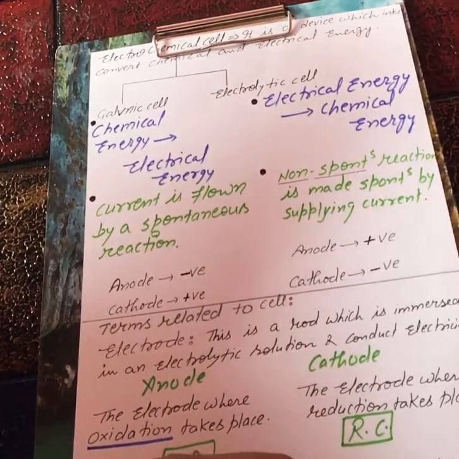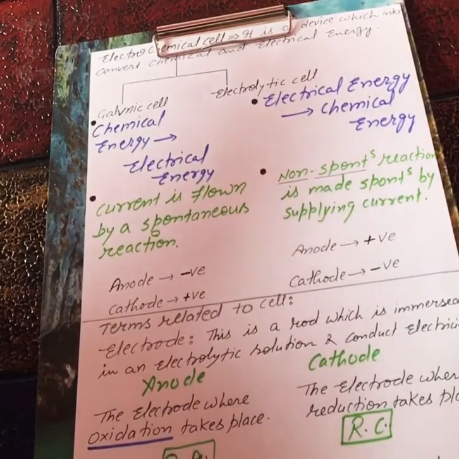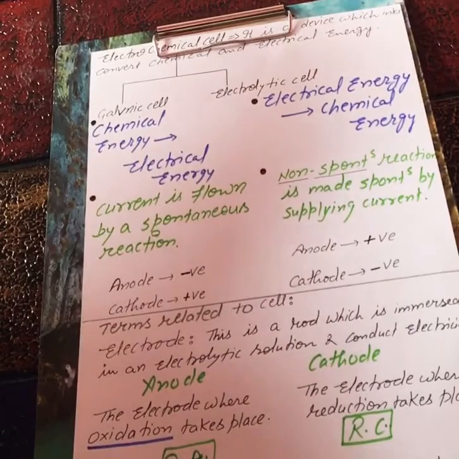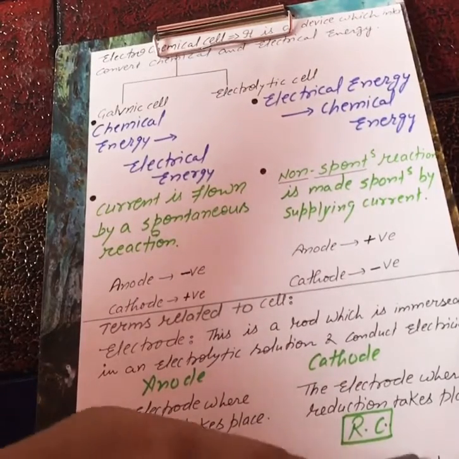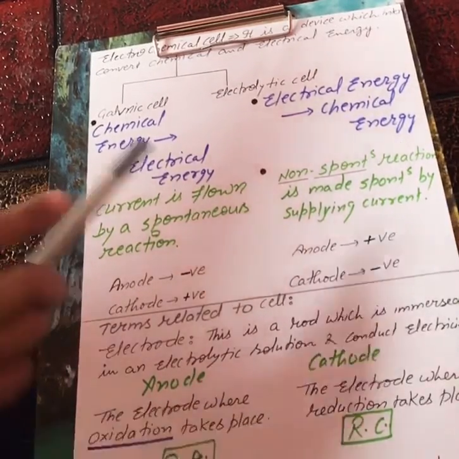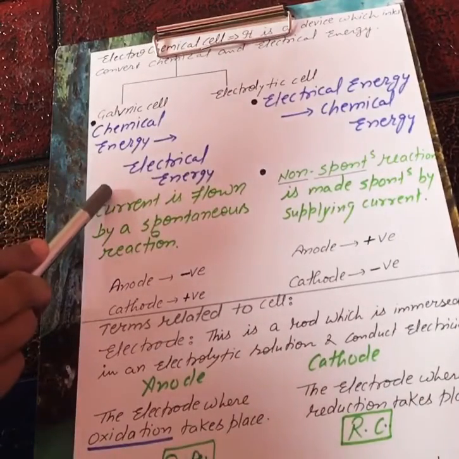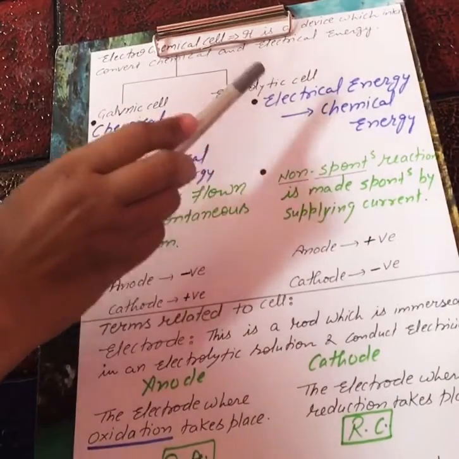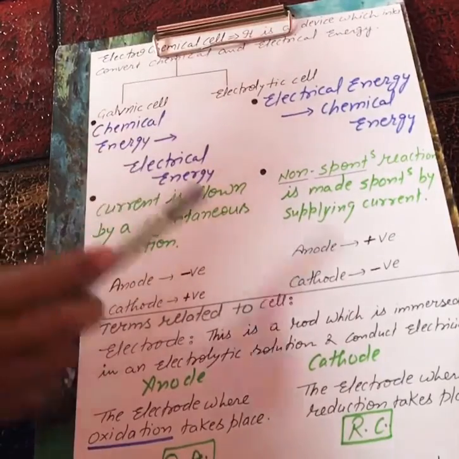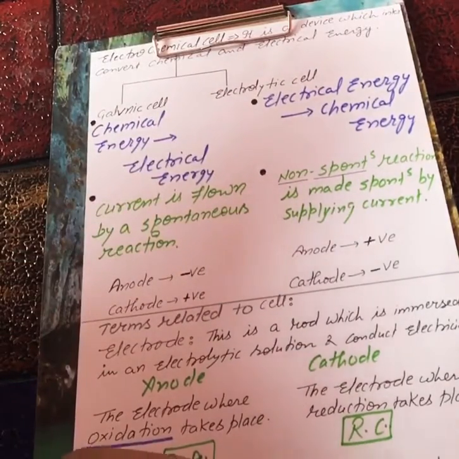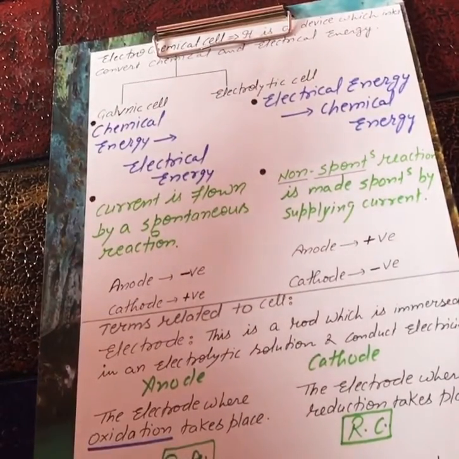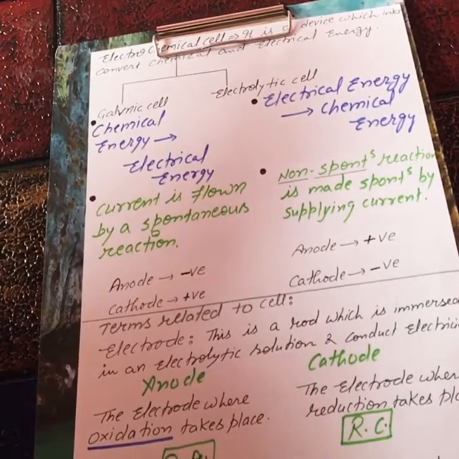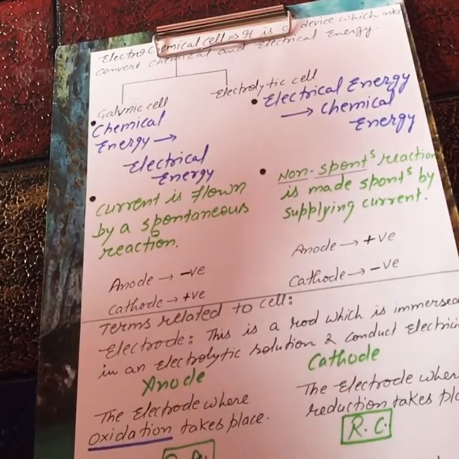Particularly in the external circuit, you should learn electrons move from anode to cathode while current will move from cathode to anode. Doesn't matter whether the cell is galvanic or electrolytic. It is a very important point for your topic. Cathode to anode, direction of current. Anode to cathode, direction of electron.